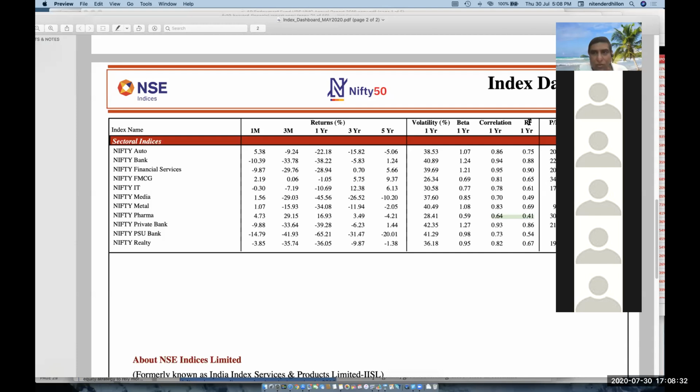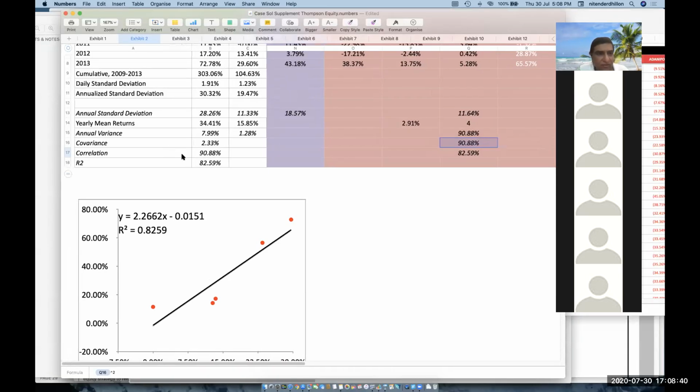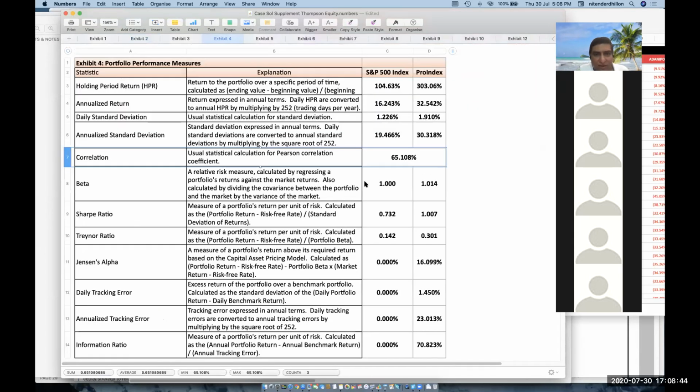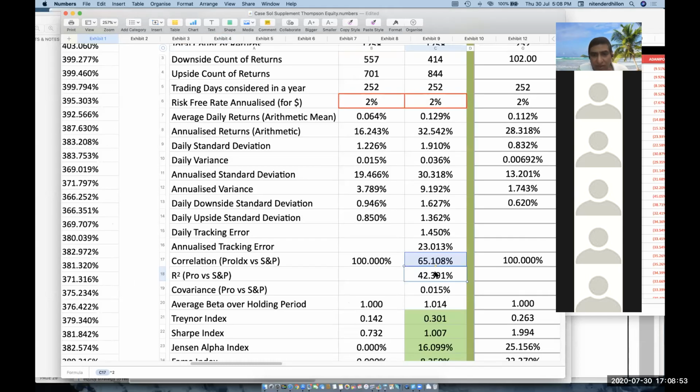On the interpretation of R square. Now, if I go back to our case, Thompson, the R square using these 5 data points is 82. But if I look at the other variables here, the R square is working out to 42%. Now, what kind of questions do Ankul and you guys, Lakshay, etc., need to ask?